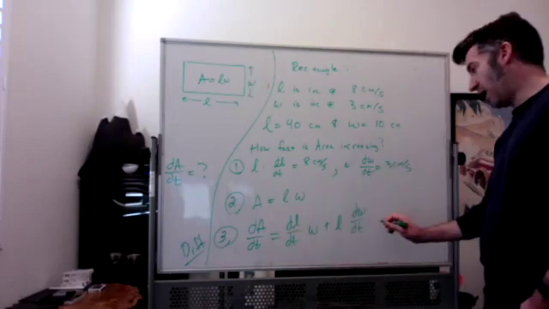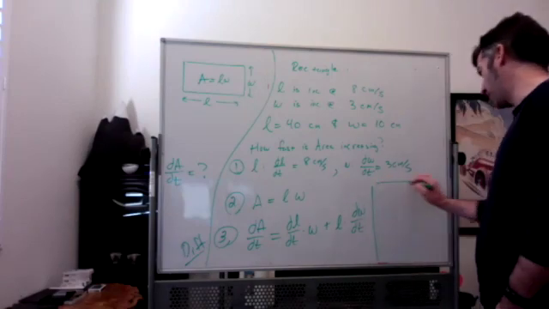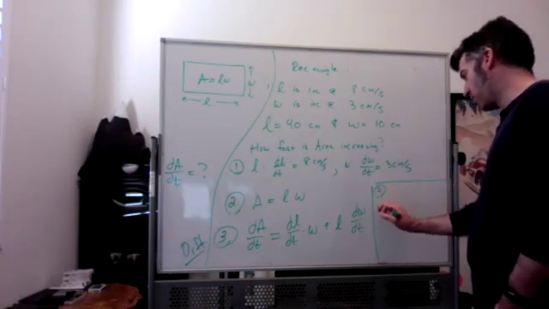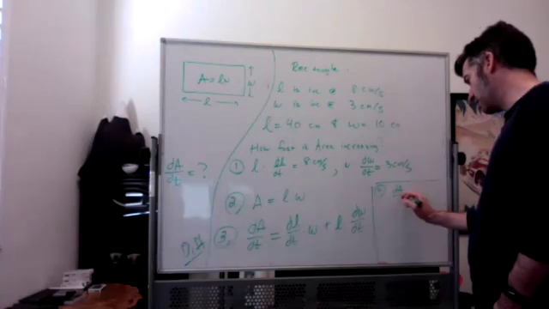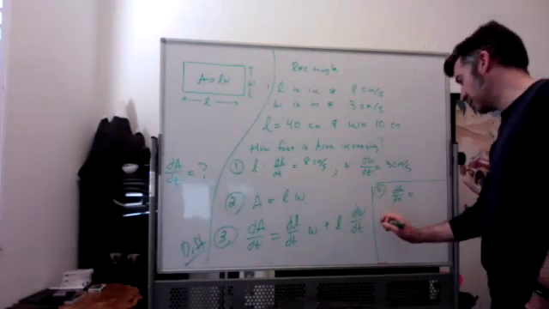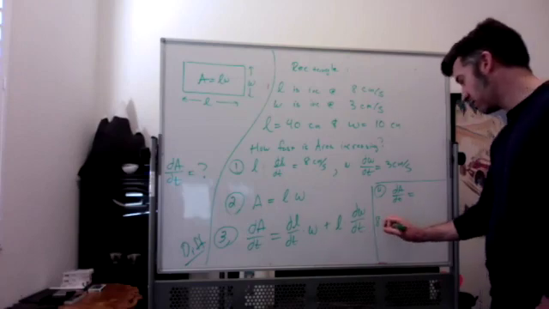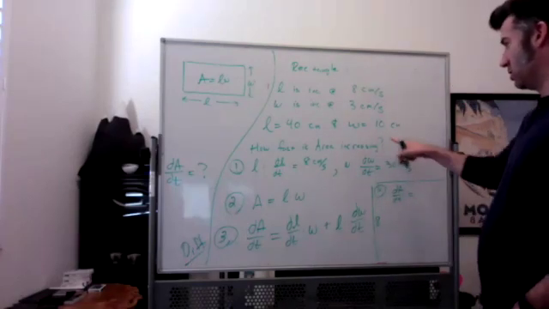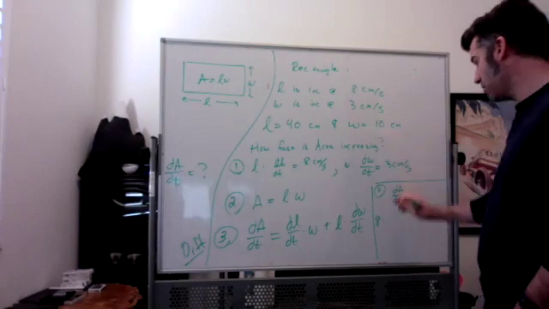Since I'm kind of out of space here, I'll do it here. Plug it in. We're going to get that dA/dt is equal to dL/dt, which is 8 centimeters per second, times W, which is 10.